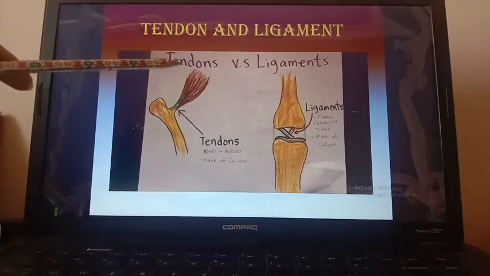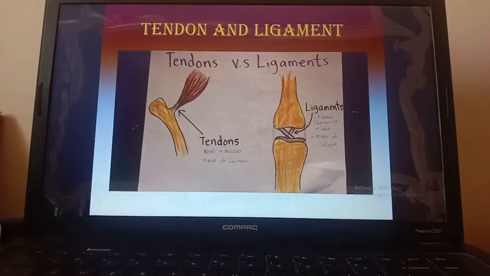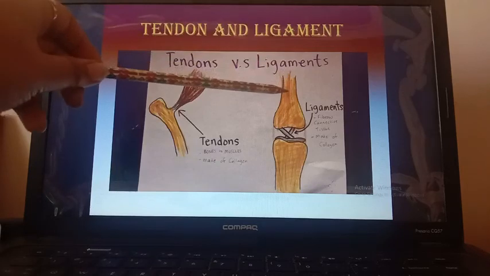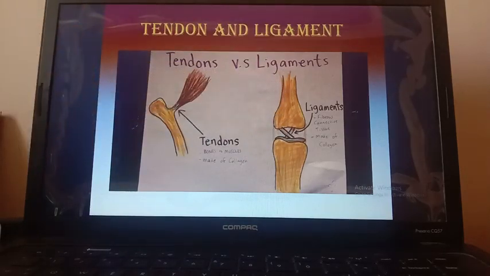Tendon has great strength, limited flexibility, but ligament has limited strength, high elasticity or flexibility. It connects a bone with another bone. You can see here it is present in between. It also helps in the movement.